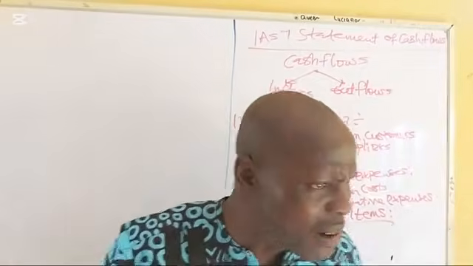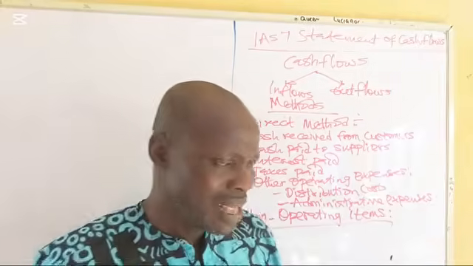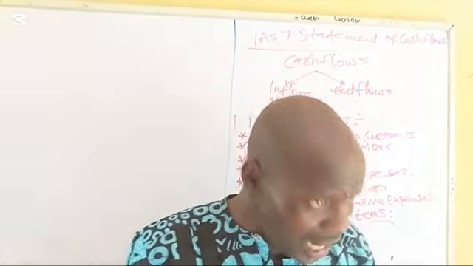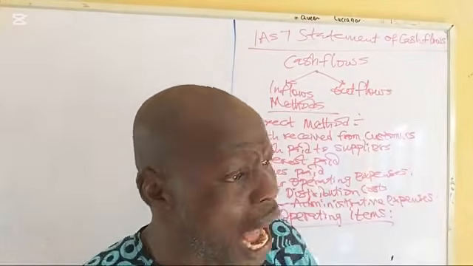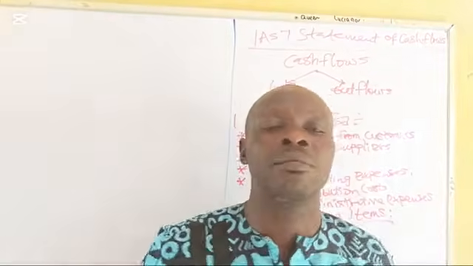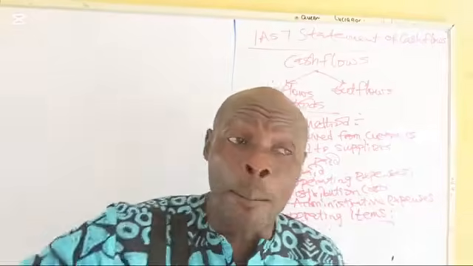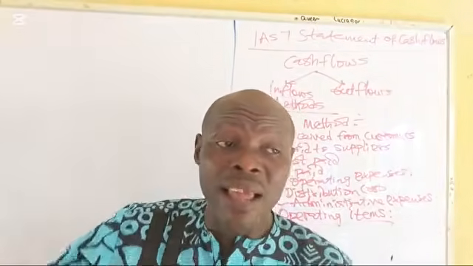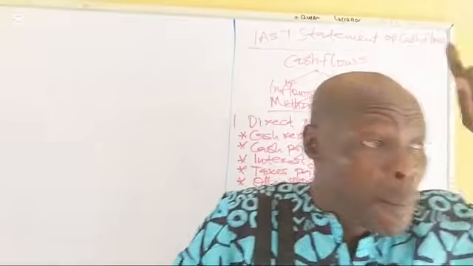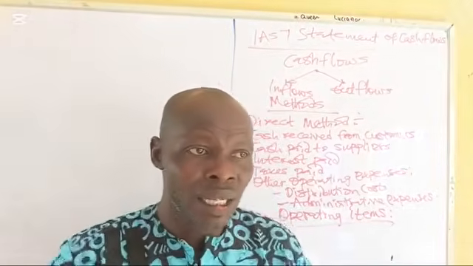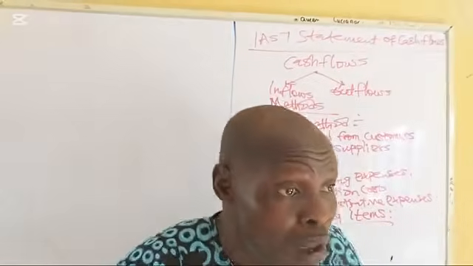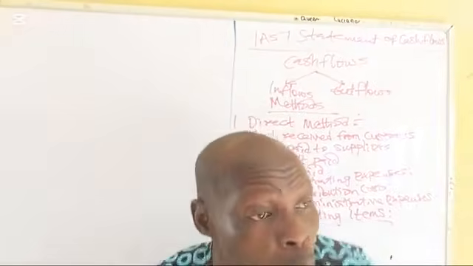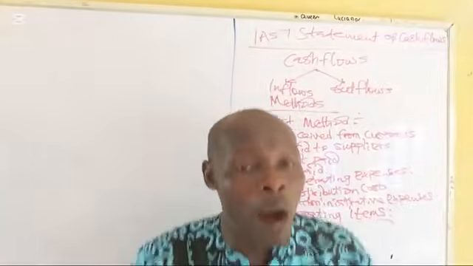Why are we adjusting for non-operating items here? These items are not operating activities, but their effects are already in the profit before tax. They have indirectly affected your profit before tax.